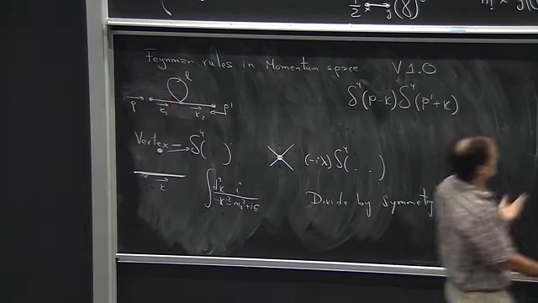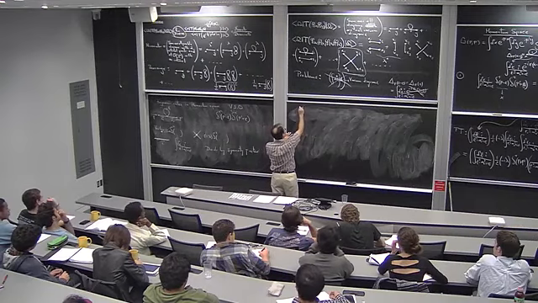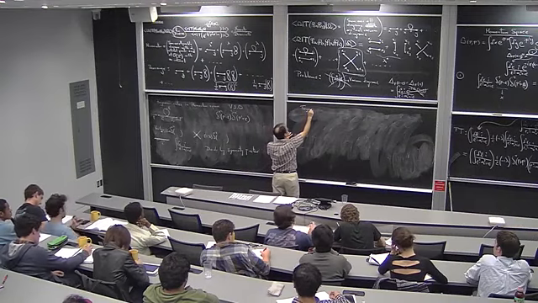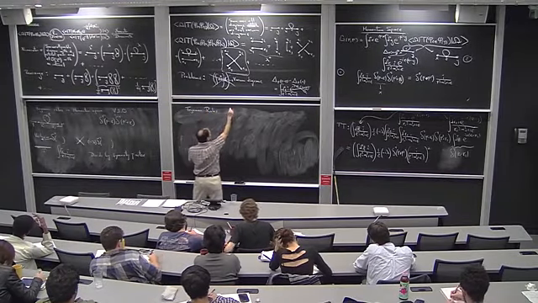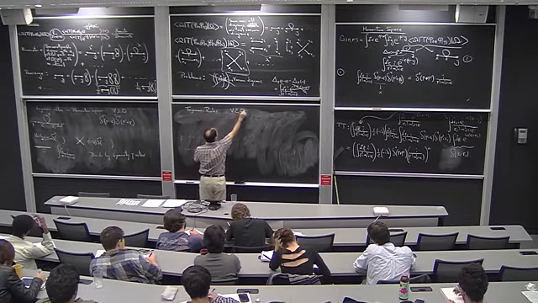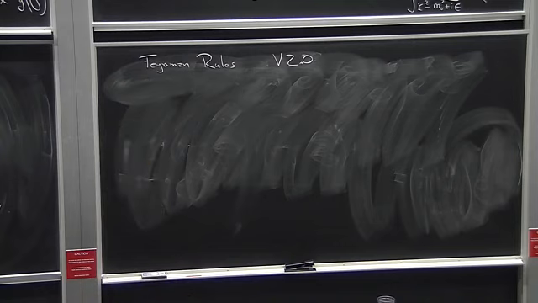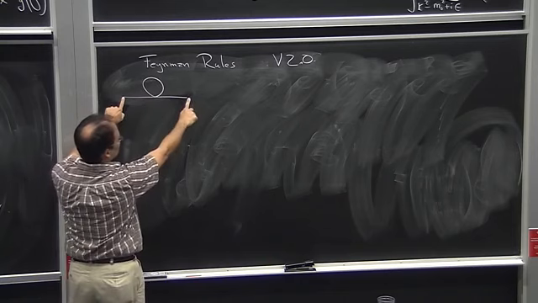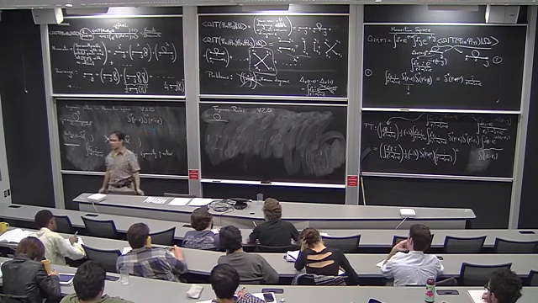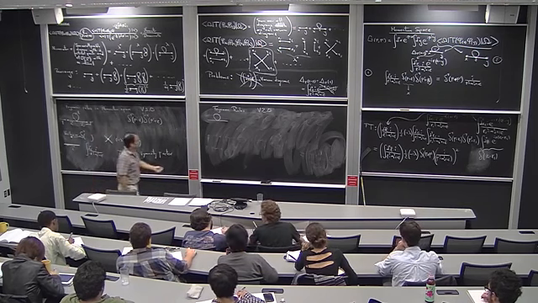So in the smarter way, so now Feynman rules, second version would be: if you see a diagram, don't even bother to draw these points, okay? Just don't do it.